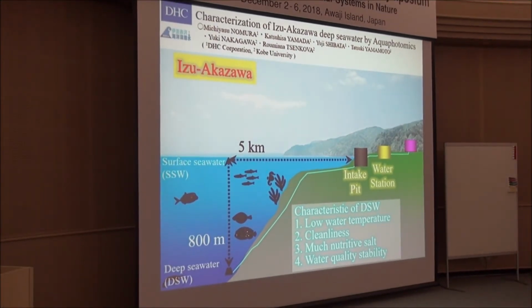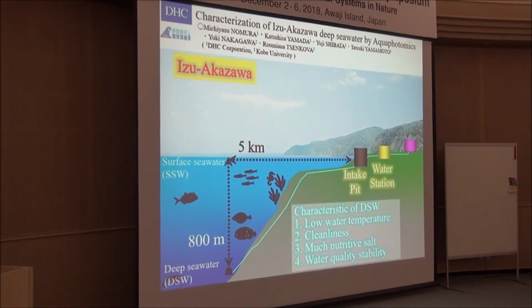Key feature of DSW is sunlight. DSW is deeper than a depth of 200 meters, which sunlight doesn't reach. So DSW has a low water temperature. And as the primary producer, phytoplankton doesn't grow.